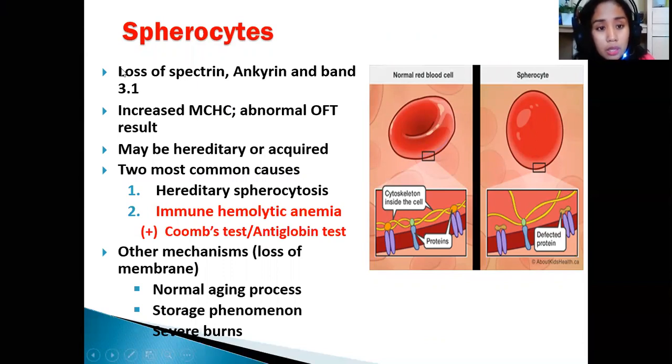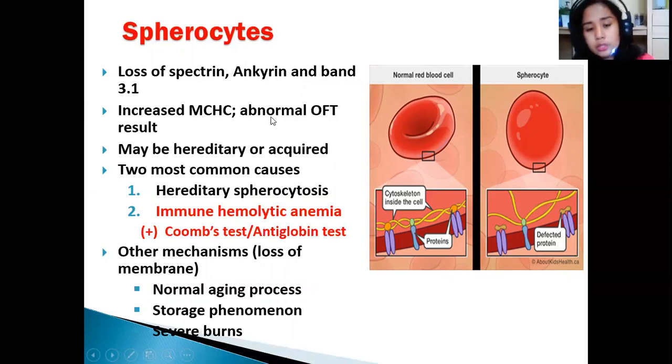In spherocytes, there is loss of three important structures: spectrin, ankyrin, and band 3.1. So, expect that in your spherocytes, there is decreased MCV because they are small, but increased MCHC due to the concentration of hemoglobin. If you look at the image, the spherocyte is perfectly round, and there is no more pallor.